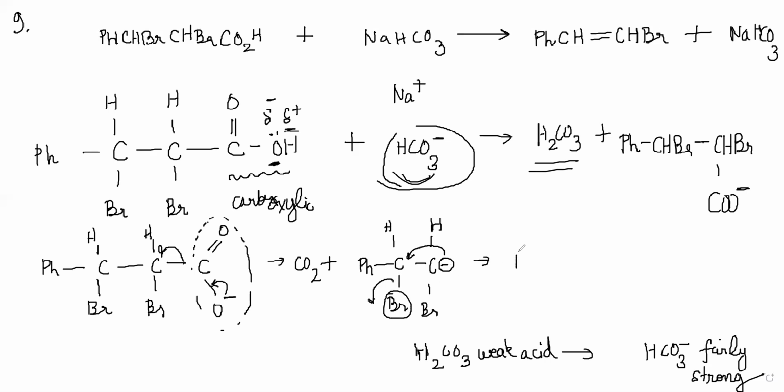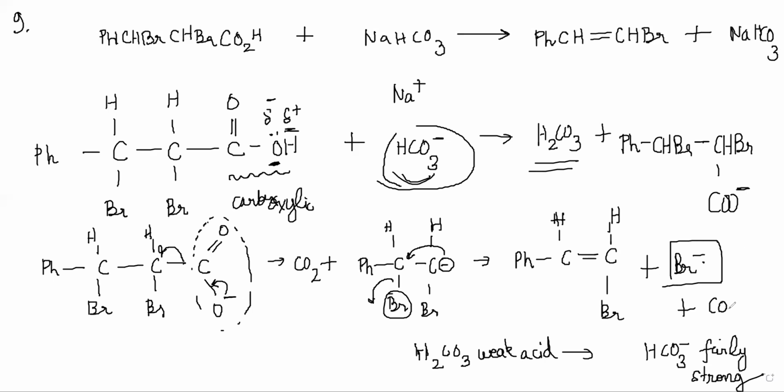So this will become Ph CH double bond CH Br, plus Br minus, and plus CO2 also. CO2 has also come out in this step, right? So this product is getting formed.